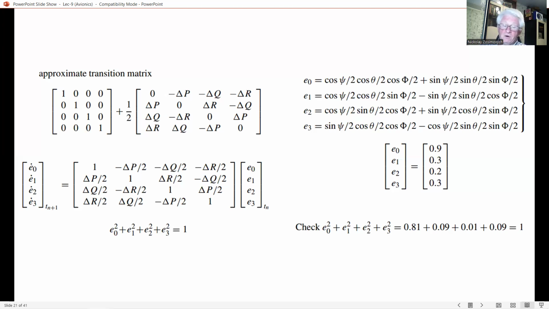The values of the Euler angles psi, theta, and phi are then calculated from the next three equations here. The corresponding initial values of the Euler parameters, when the initial values of the Euler angles, namely psi, theta, and phi, are given, follow from this system of four equations.